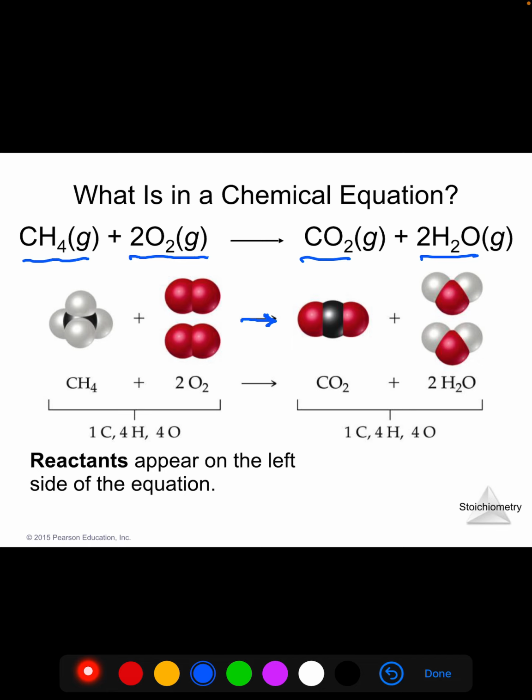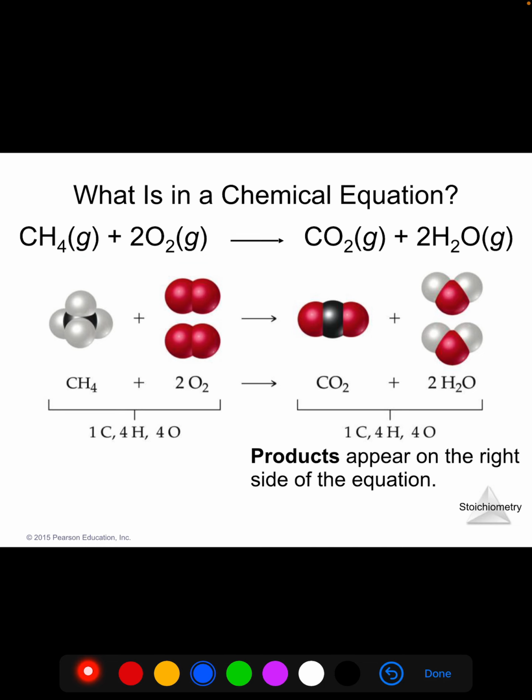But our purpose for this slide is to show that we have reactants on the left, and if I can go to the next slide, products on the right, connected by an arrow. We'll talk about those arrows when we talk about reactions later.